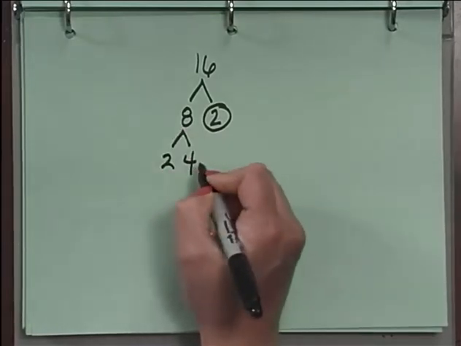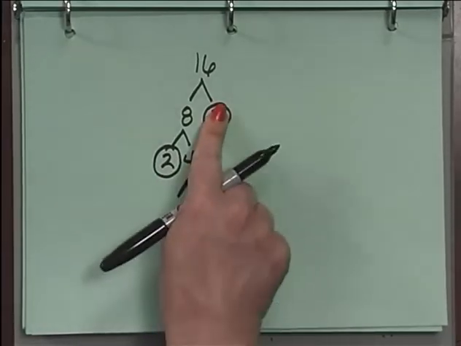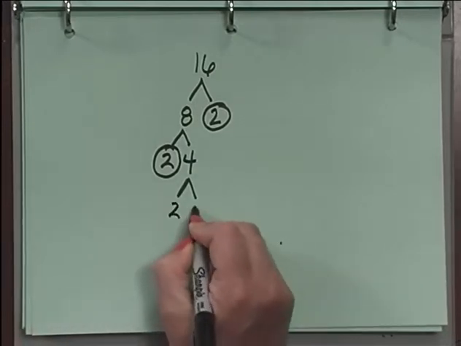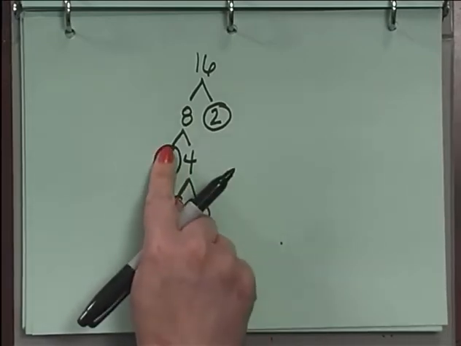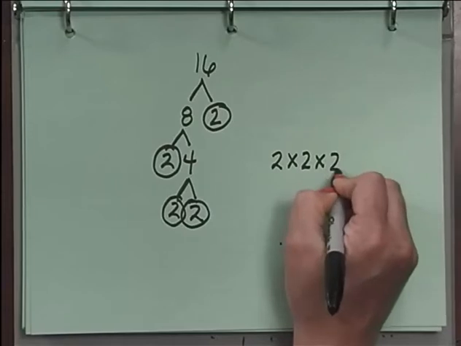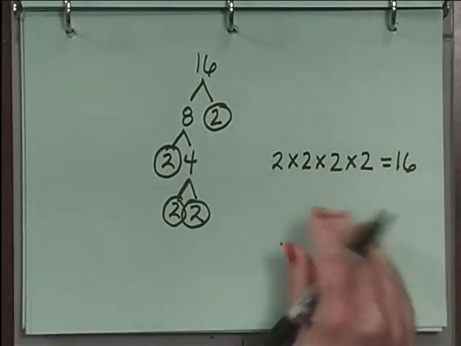Well, 2 times 4 is 8. 2 is prime, but the 4 is not prime. Notice how I circle prime numbers as I go. Now 2 times 2 is 4. Now both of these are prime. Then I just record the numbers that I have circled. 2 times 2 times 2 times 2 is 16. Okay, so let's try L.